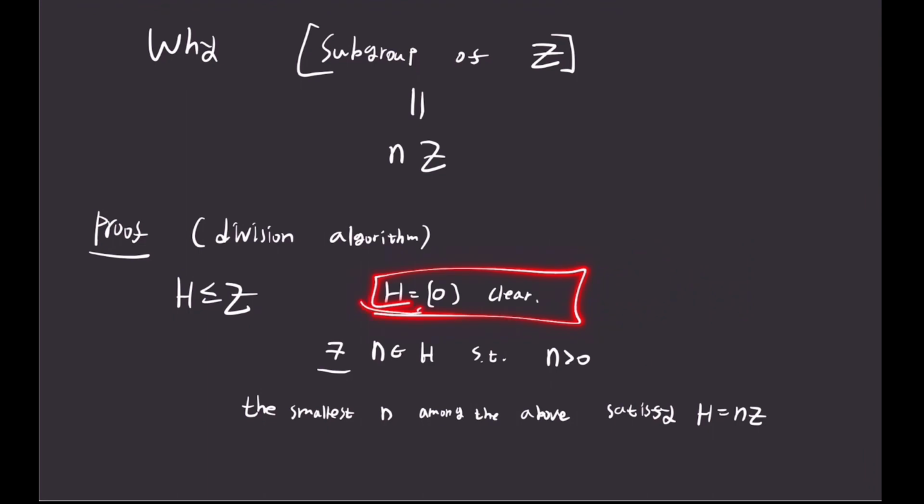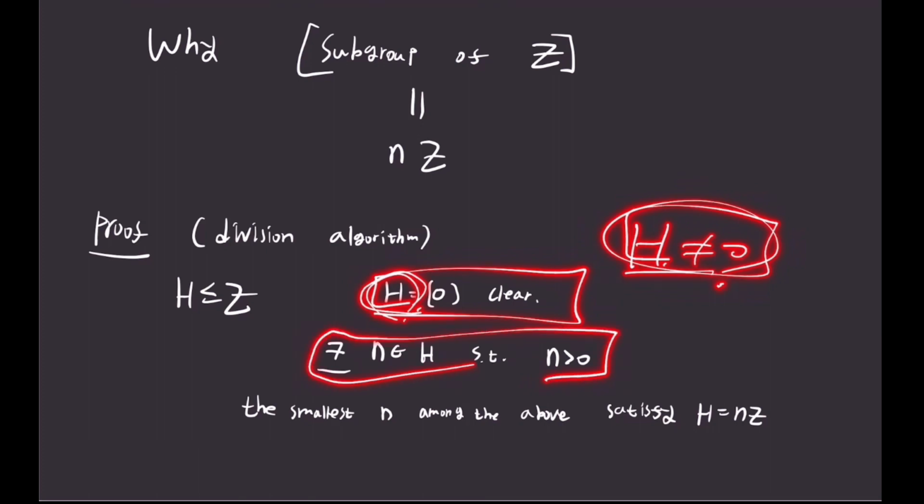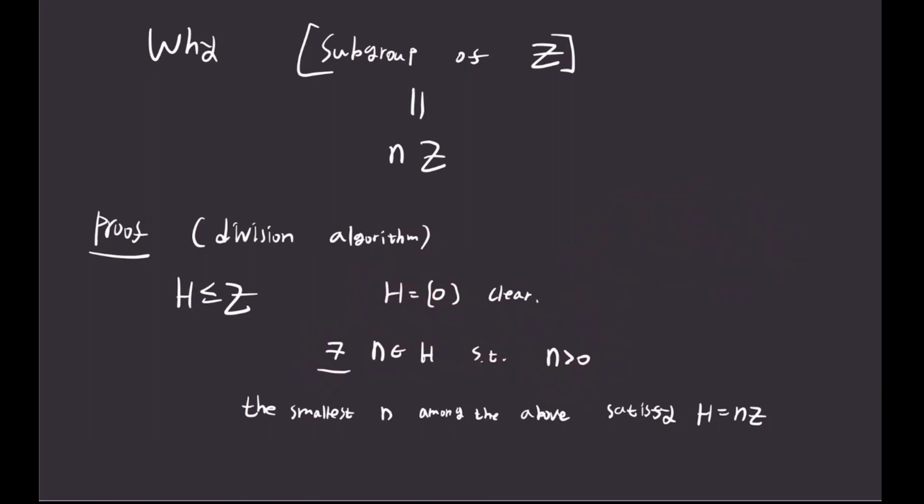But if H isn't the zero group, then there must exist a positive number in H, because if there exists a negative number, then the inverse of n must be there. So we can choose the positive number, and I want to claim that the smallest n among the above satisfies H is equal to nZ.